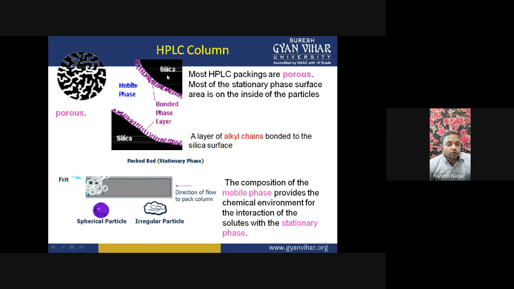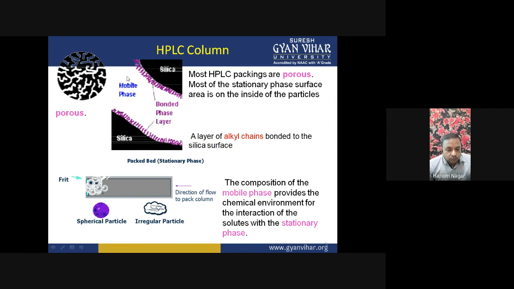HPLC column, the column which is used in high performance liquid chromatography. Most HPLC packings are porous, and most of the stationary phase surface area is on the inside of the particles. Okay, so this is the HPLC column. In this HPLC column, there is the bonded phase layer of the compounds, that is called the stationary phase.